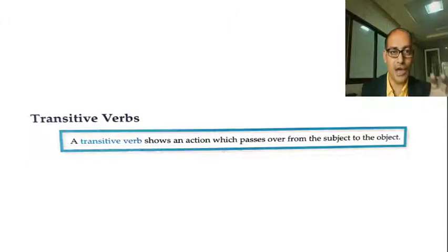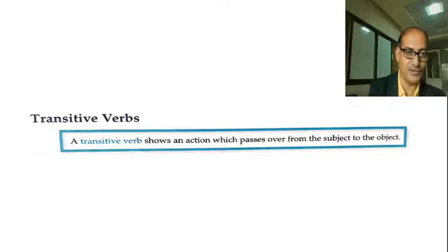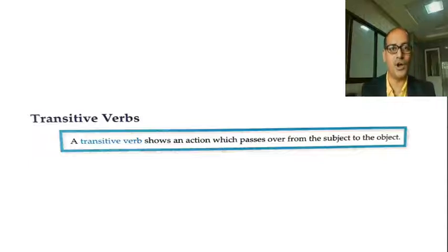Has broken is the verb. Or she broke the suitcase. Broke is the action word which passes over from subject to object. It means what the subject has done and how it affects the object. So in short, any sentence which has a verb with an object, that verb is a transitive verb.